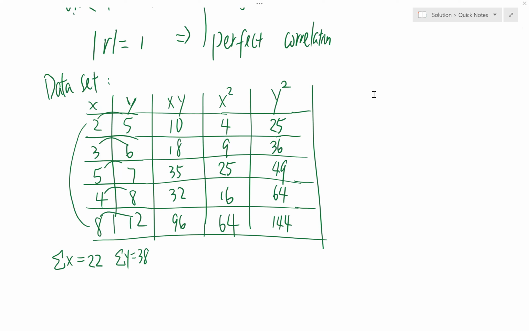The x values go here, y values go here: 2, 3, 5, 4, and 8. And the second one should be 5, 6, 7, 8, and 12. Now I'm gonna share the screen with you.